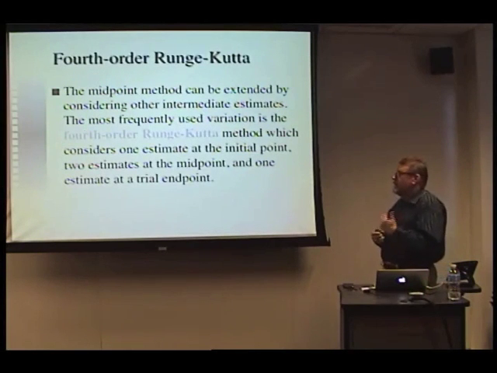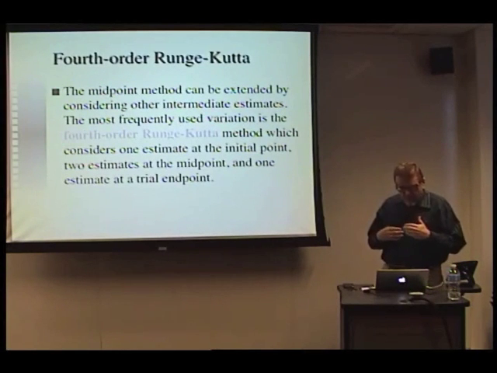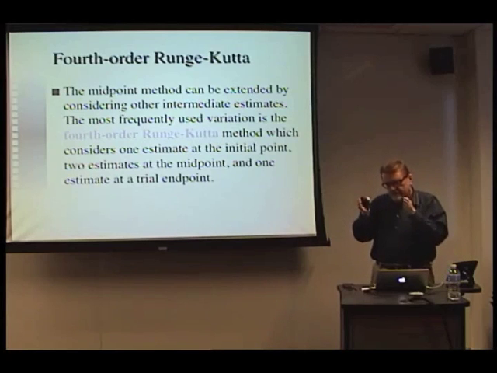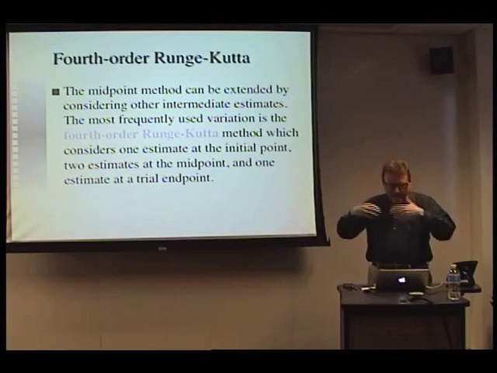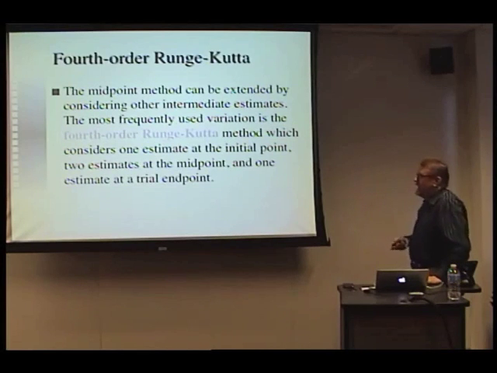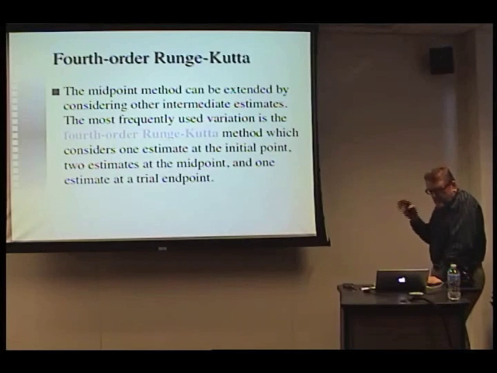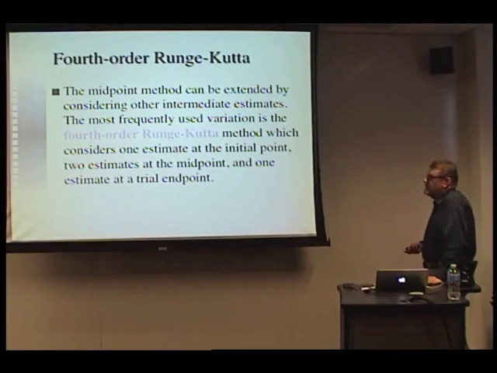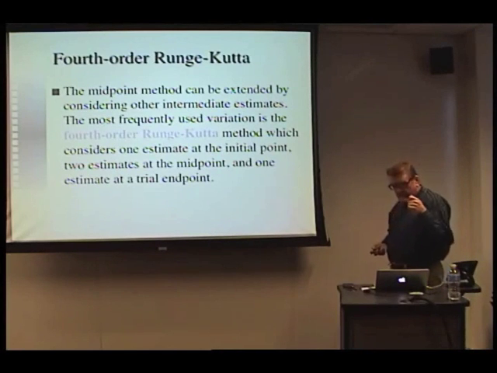Now, there are a whole family of approaches where we don't just estimate the derivative in the middle, we estimate it part of the way, and then in the middle, and then another part of the way, and continuously do that. And I don't need you to remember all of these different values. They're called, as I mentioned, the Runge-Kutta methods.